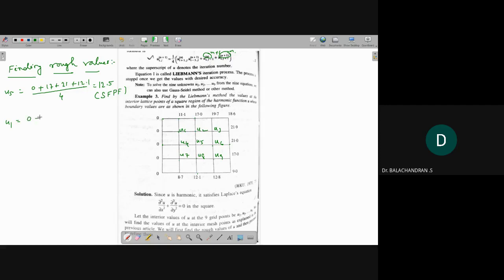U1 equals 0 plus 0 plus U5 plus 17, divided by 4.